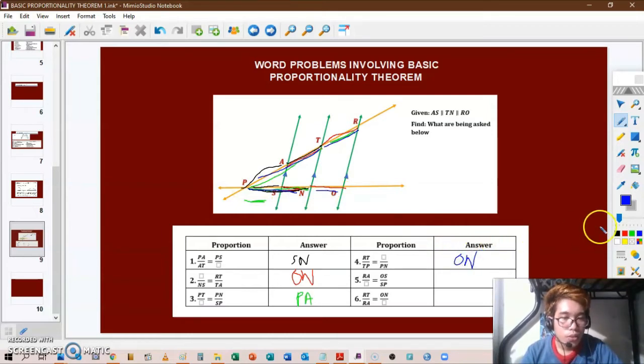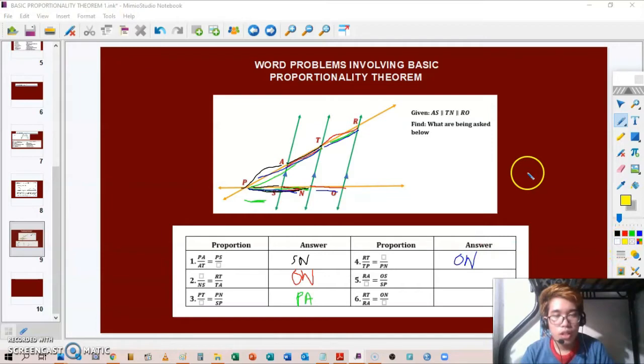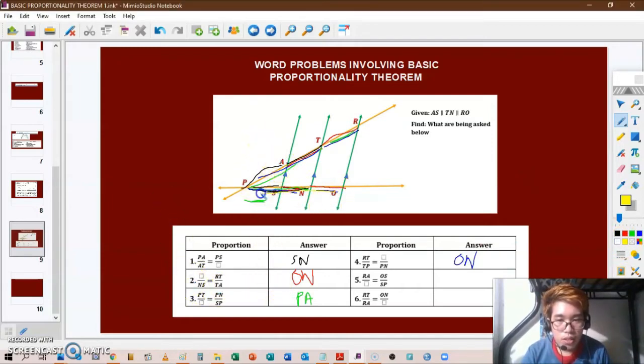For number 5, let's check first OS. OS over SP is equal to RA over AP, or it could be PA.